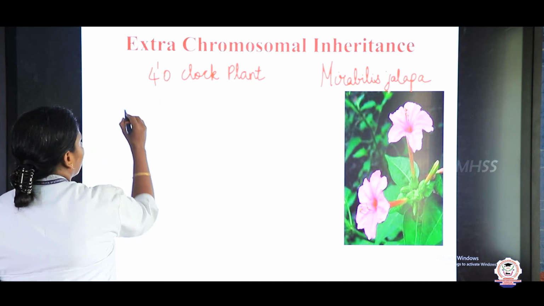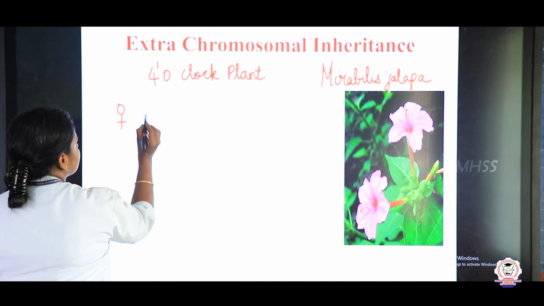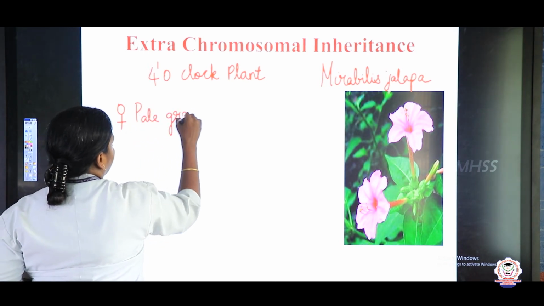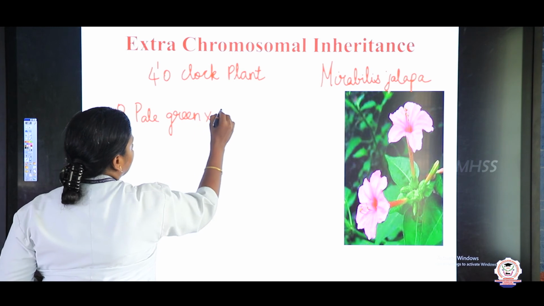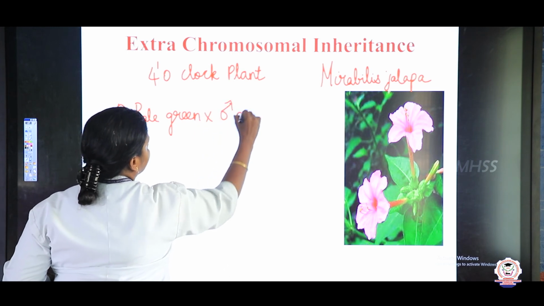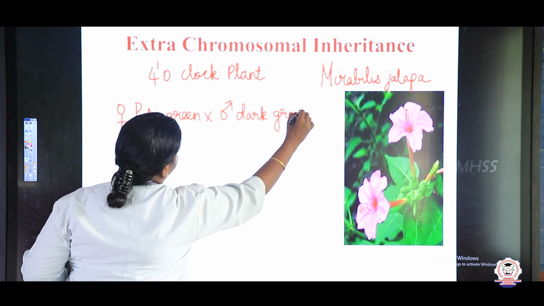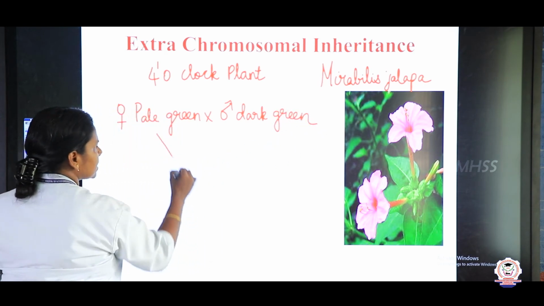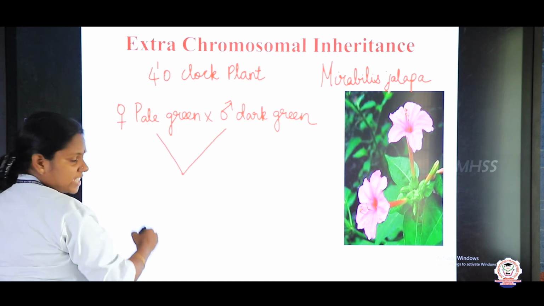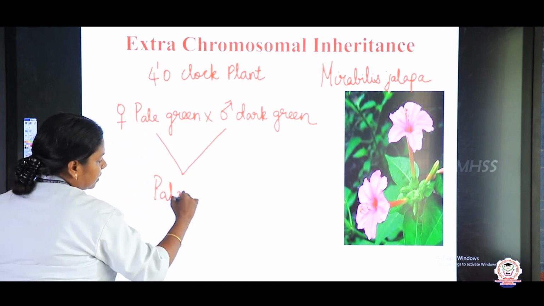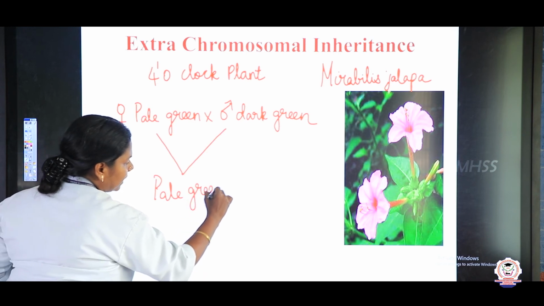For example, a female plant is pale green when it is crossed with the male plant dark green. From this we get the offspring, that is the next generation, that is only pale green, right, pale green.